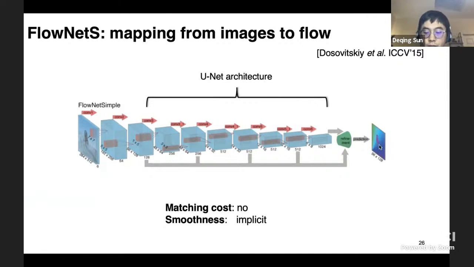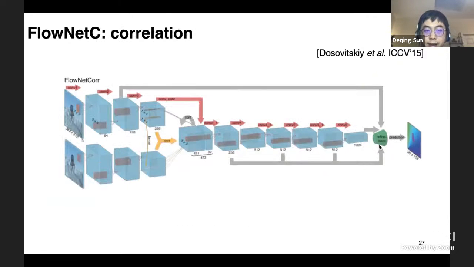The authors also propose another architecture called correlation. It extracts features from each input image and then performs a correlation, which I will explain in detail later, to compare pixels with other pixels in the next image. Then it projects this correlation using a network to the optical flow.